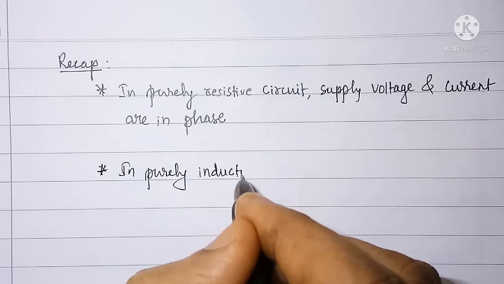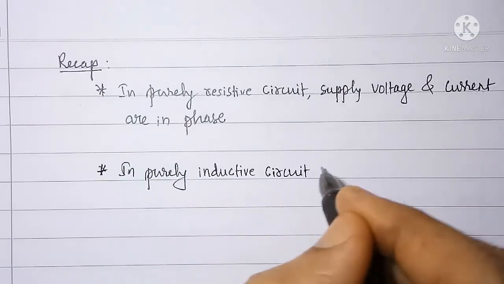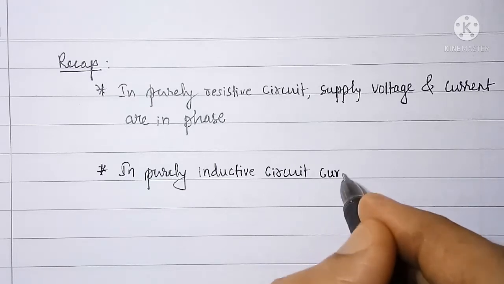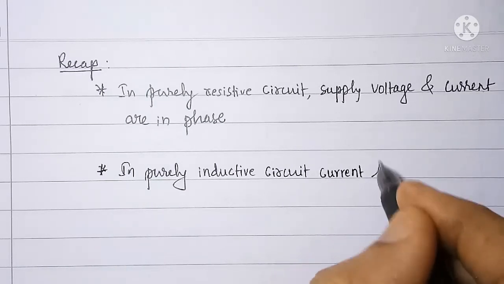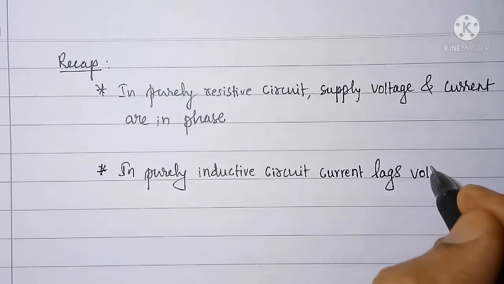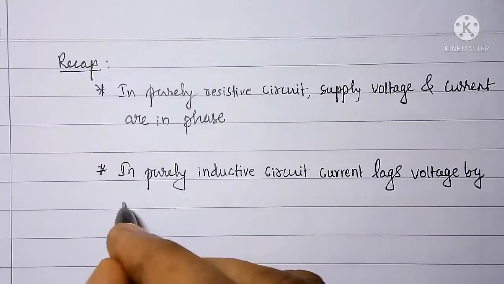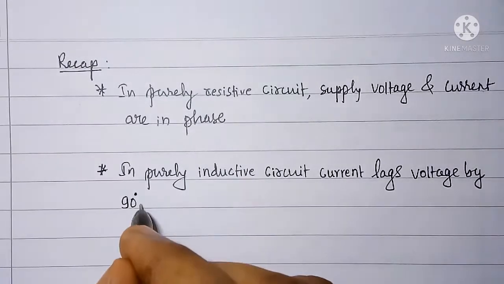In purely inductive circuit, current lags voltage by 90 degrees.